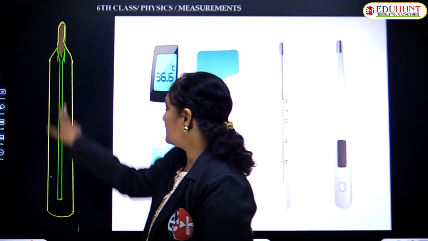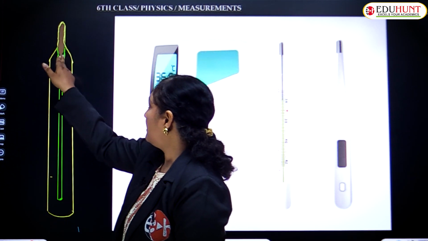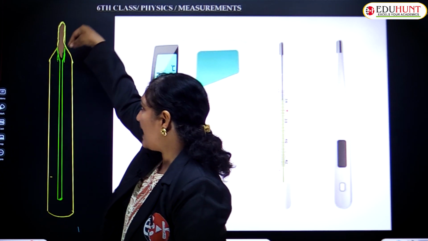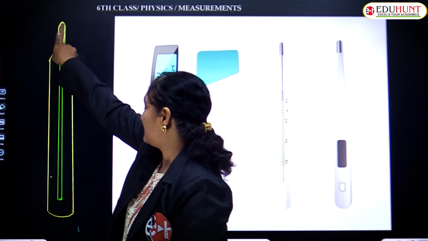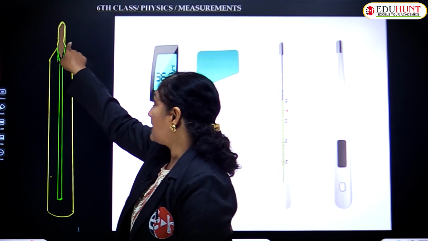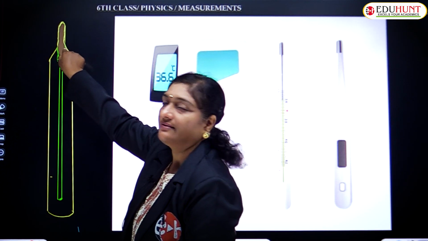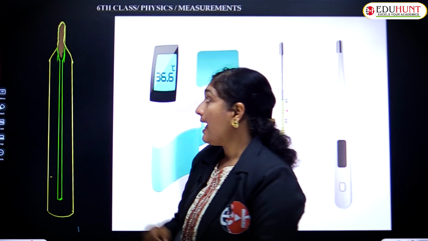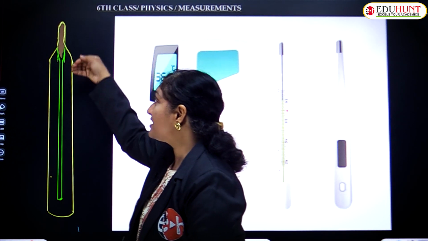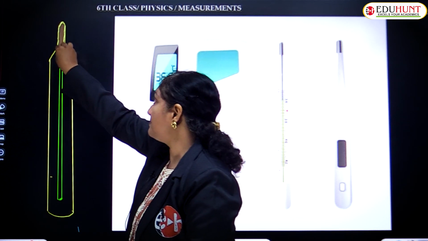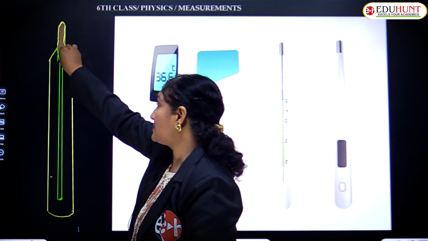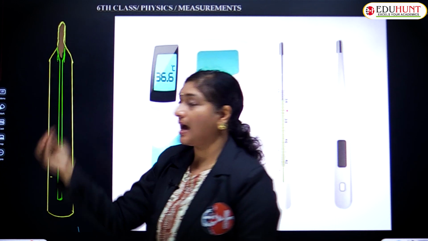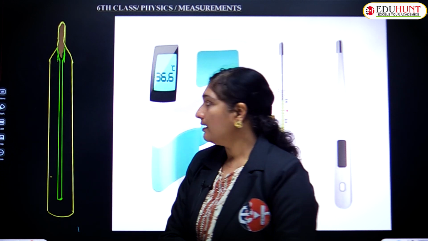To this part, you can observe that a glass bulb is attached, which is sealed on one side. This is a very sensitive glass bulb in which mercury is kept. As and when the temperature increases, this mercury inside the sensitive glass bulb starts expanding.